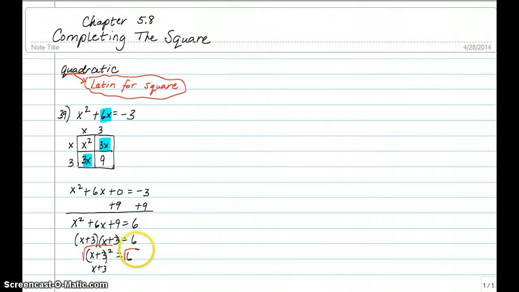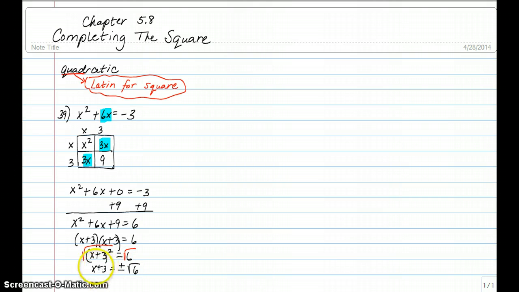Now, whenever I take the square root of a number, it could be plus or minus. There can be a negative, meaning -3 times -3 is 9. And positive 3 times positive 3 is 9. So it can be plus, minus. You remember this hopefully from the quadratic equation. So it's going to equal plus or minus the square root of 6.